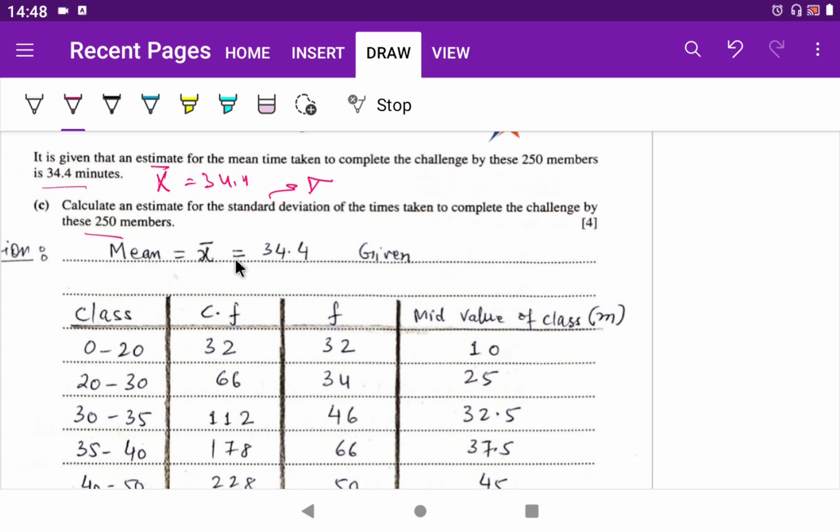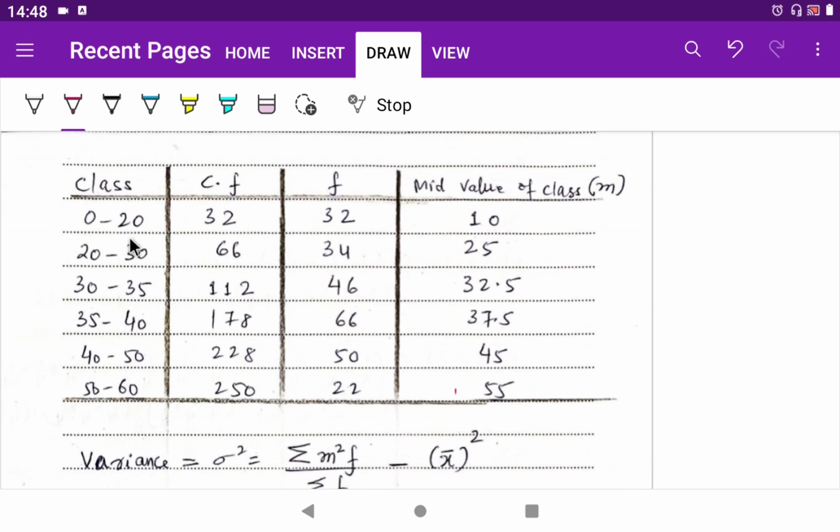The mean is 34.4, it is given. Now we will make class, cumulative frequency and mid values of class. So the classes are 0 to 20, 20 to 30, 30 to 35, 35 to 40, 40 to 50 and 50 to 60. The cumulative frequencies are 32, 66, 112, 178, 228 and 250. And the first frequency is 32.